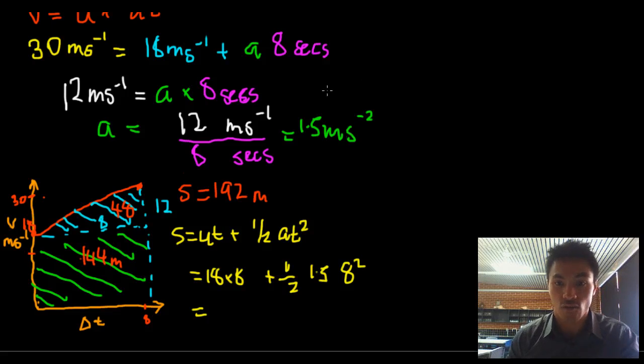Okay, so you saw by the calculator that our final area is 144 plus 48, which is the same as 192 meters.